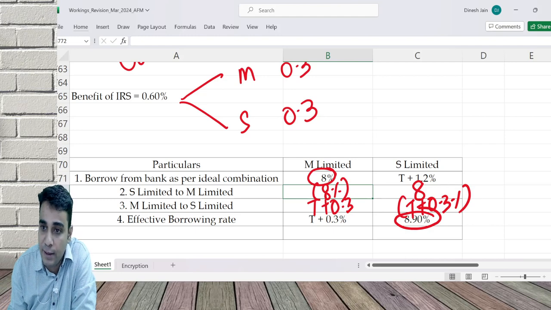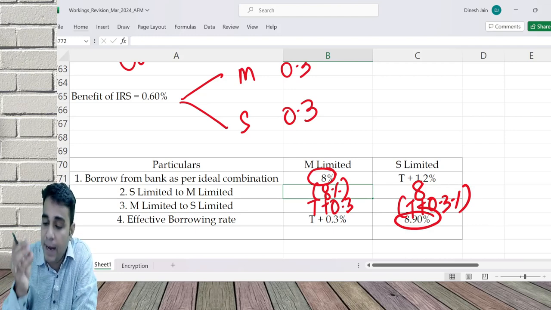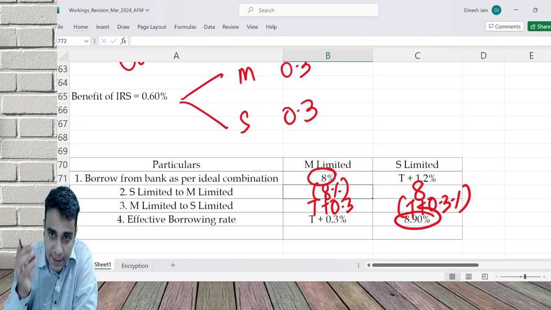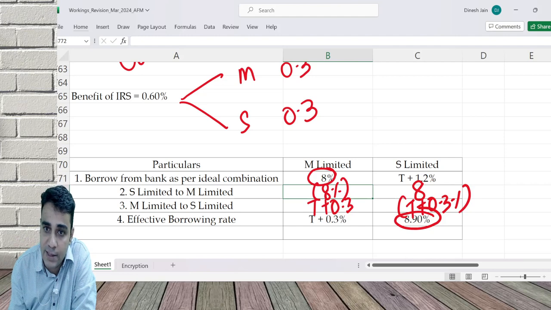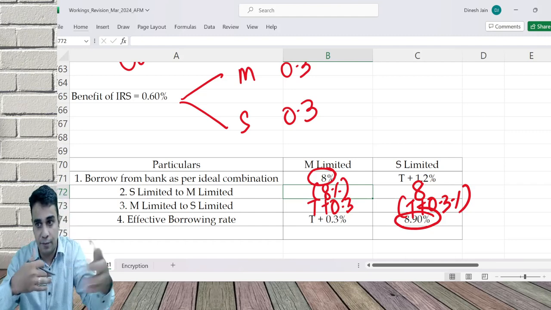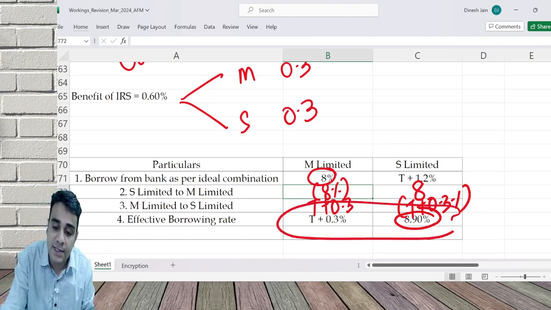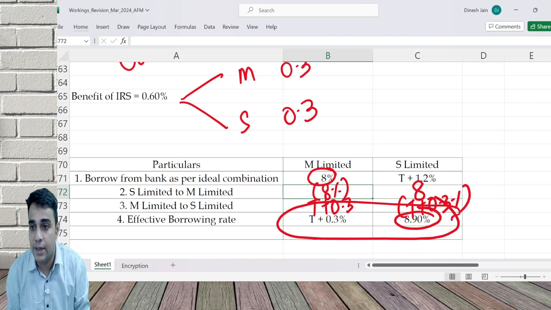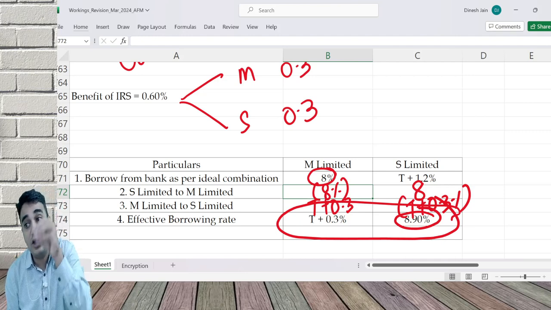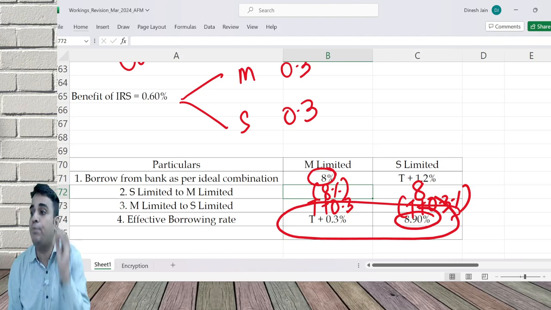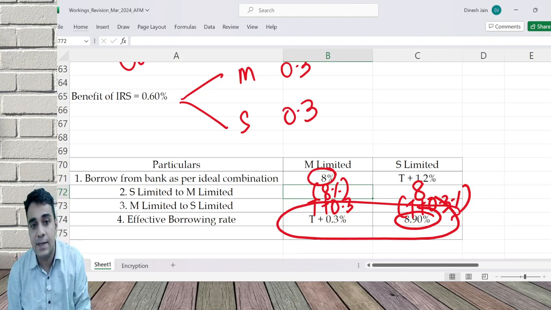So what we have done smartly here is I borrowed as per the ideal combination, did the exchange of this, and put together our interest is now T plus 9.2, whereas if you had gone without swap, you would have paid T plus 9.8.